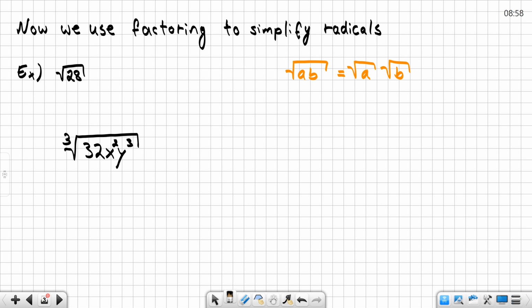We are using factoring to simplify radicals. That means, if you look here on the right side, if I have the square root, for instance, of a times b, then I could break this up into the square root of a times the square root of b. So, if I have two factors underneath my radical sign, then I can split those up right in the middle.